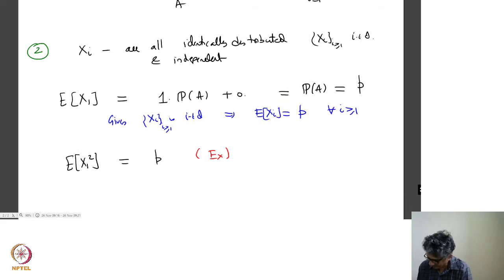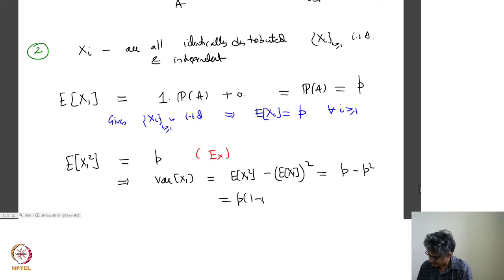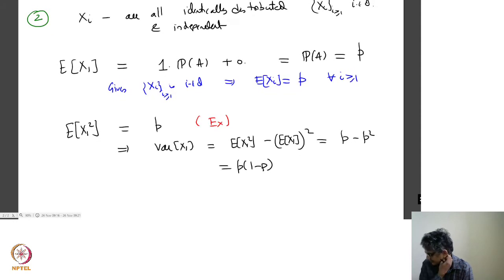So this would quickly tell you that the variance of x1 is going to be equal to E of x1 squared minus E of x1 the whole squared, which is just going to be p minus p squared, which is just p times 1 minus p. So let me just use our notation: p times 1 minus p is sigma squared, and the mean mu is called p.